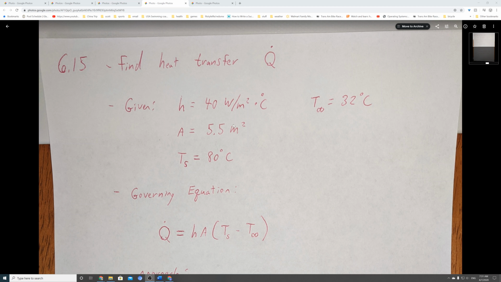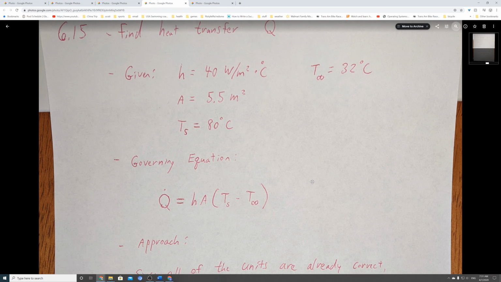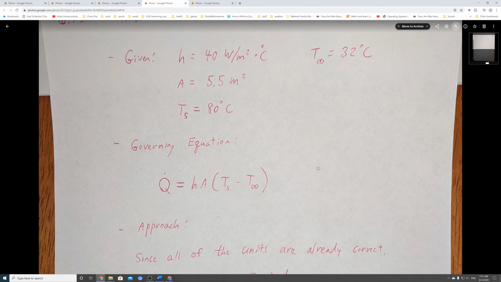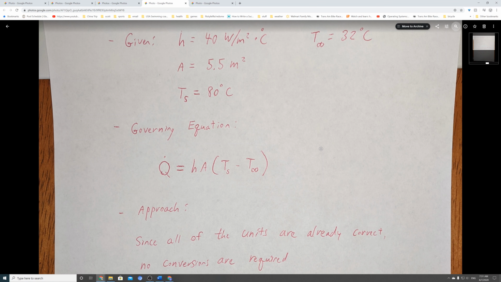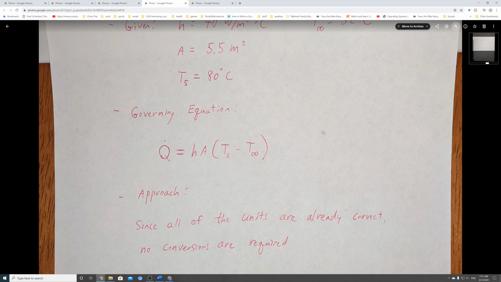Notice that the units are already correct, because when we do the calculation, we're going to cancel out the meters squared and the degrees C. You might sometimes need to go through some conversions, but this problem is pretty straightforward. It's more conceptual; understanding what's going on here is probably more important than the calculation, which is relatively simple.